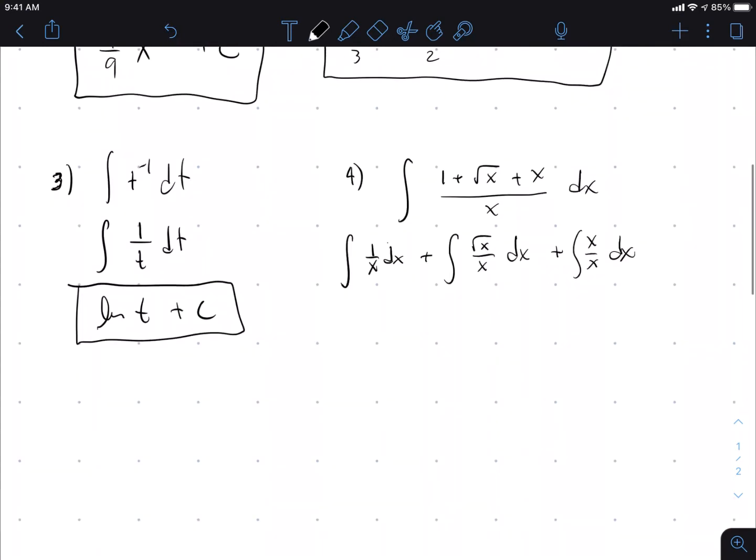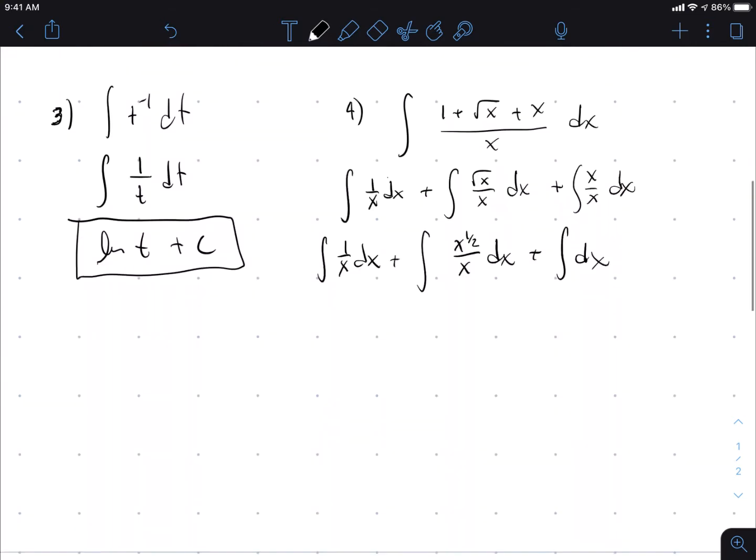I'm going to write all the steps just to be deliberate for you guys so you can see it. So I'm going to get the integral of 1 over x dx plus the integral of x to the 1/2 over x dx plus this one's just going to be dx, right? Because x over x is going to give me 1. Agreed? Yes.